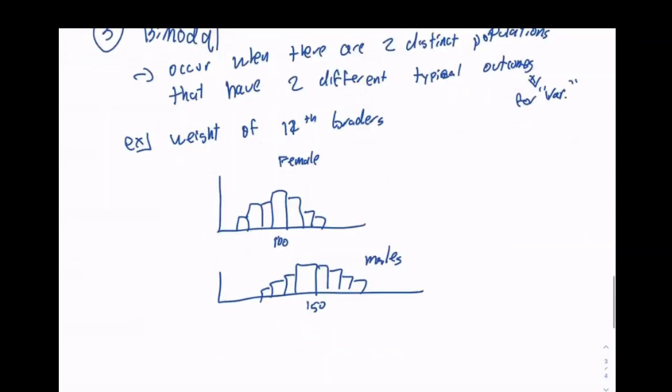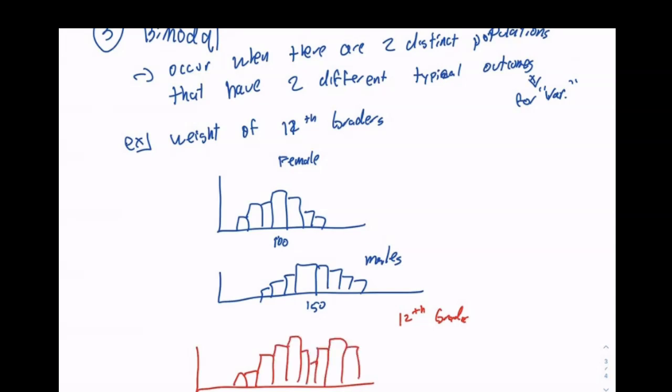But if we were to combine both of these for 12th graders, our distribution might look something like this. It's going to go up, come down, go back up, and come back down. So this is like the 100, and this is like the 150.